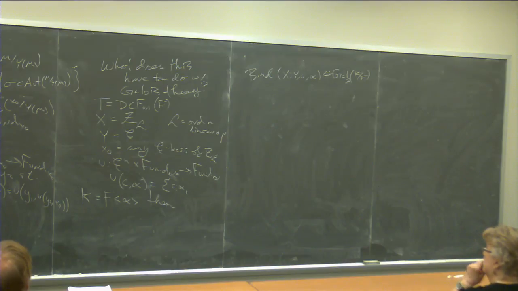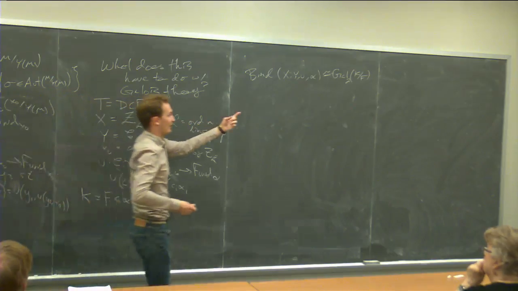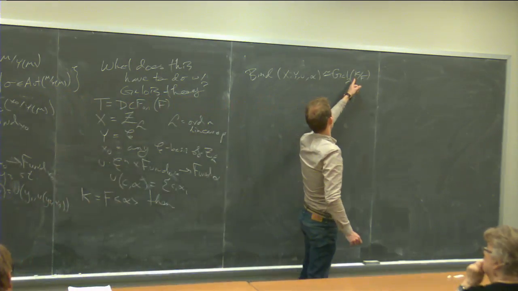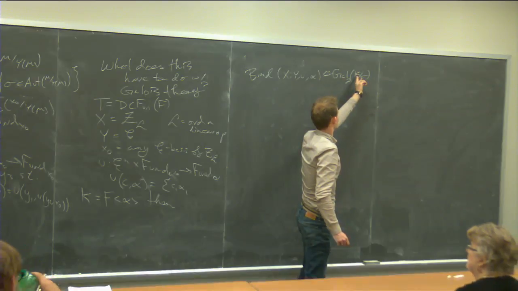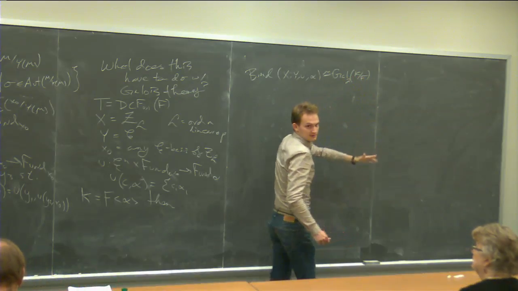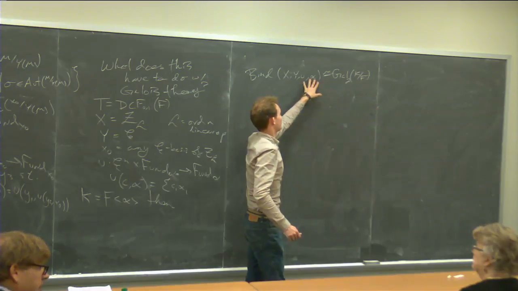But then what determines such an automorphism? The image of alpha under it. And that's precisely what determines an element in the differential Galois group of K. So that's this identification.